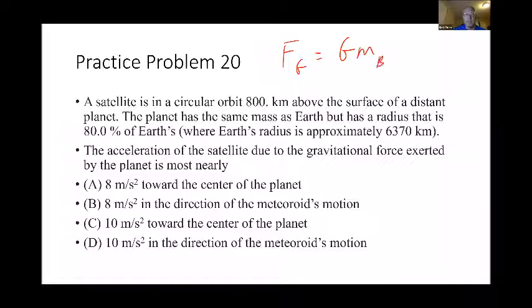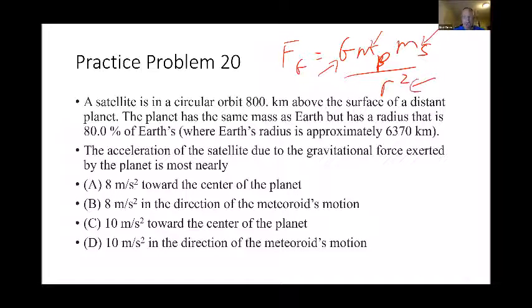So we'll say the mass of the planet, we'll call that MP, the mass of the satellite over r squared. Regardless of which planet we're talking about, G is the same. The mass of the planet is the same. The mass of the satellite is the same. What's different is the radius of the planet.